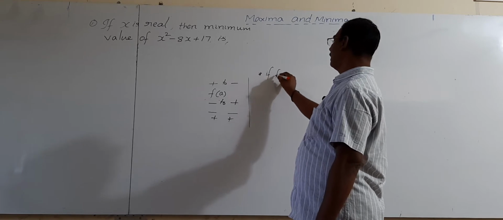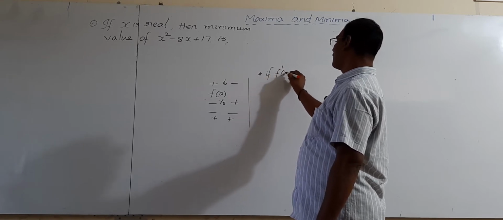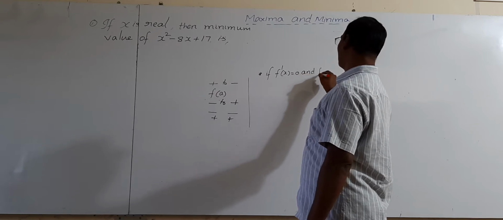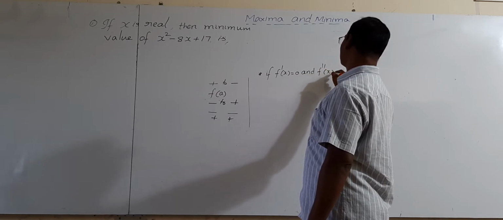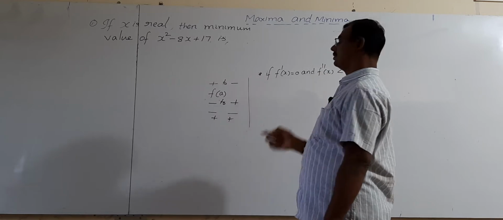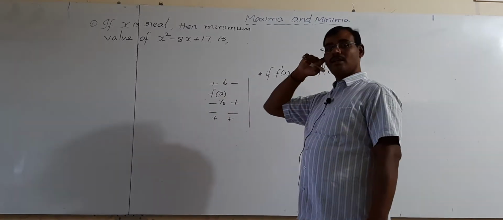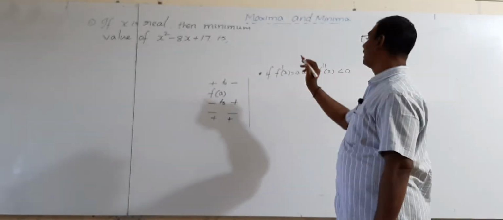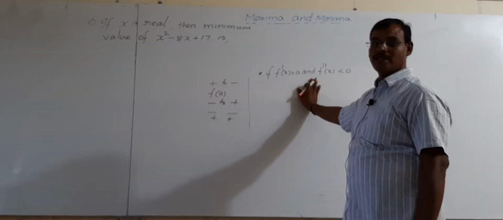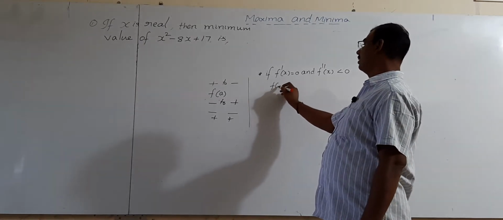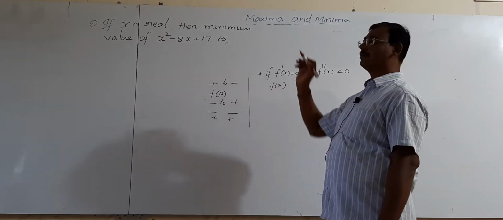If f dash of x is equal to 0 and f double dash of x is less than 0 at x equal to a, then f has a maximum at x equal to a, and f of a is called the maximum value of f of x.